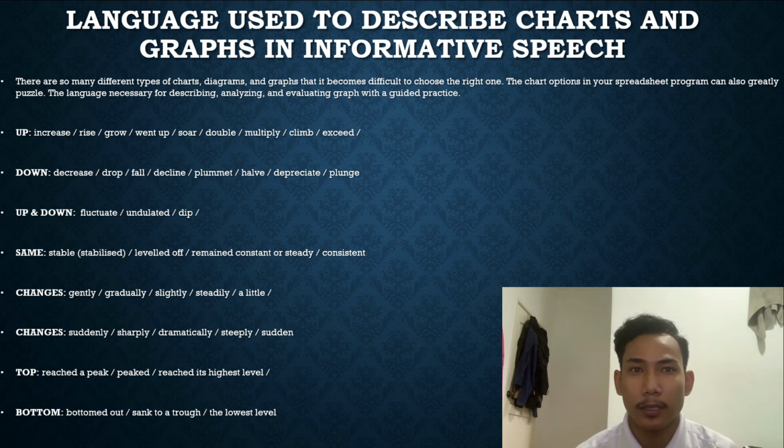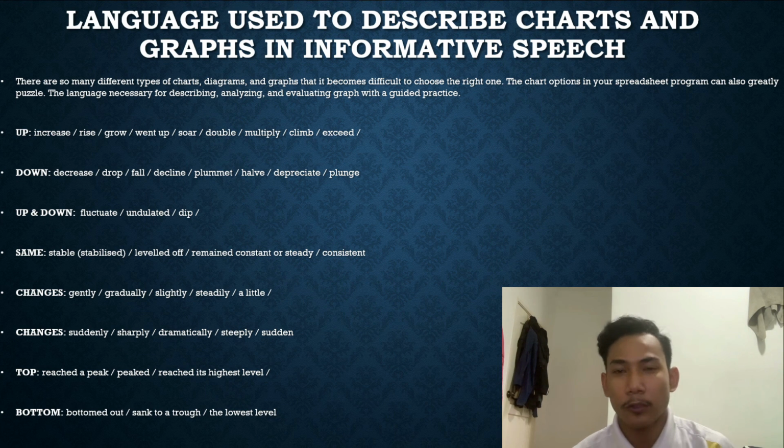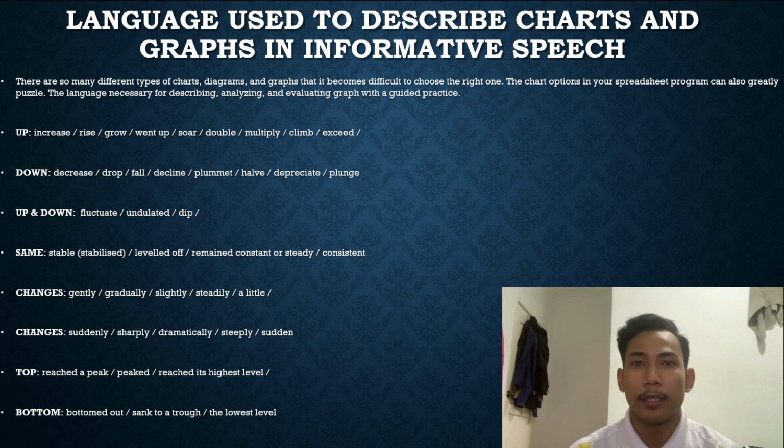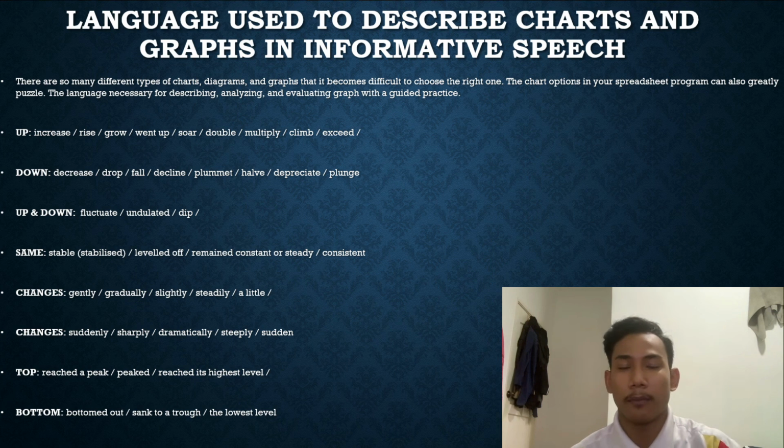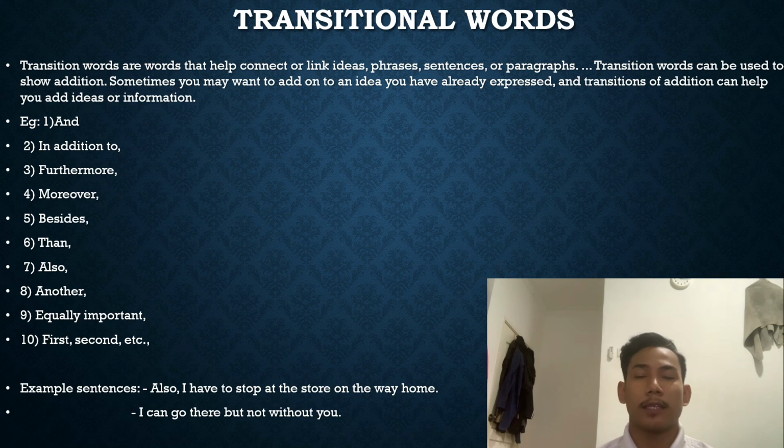The language necessary is for describing, analyzing and evaluating graphs with guided practice. In the slideshow there are several of them, which are up, down, up and down, same, change, top, bottom and many more.